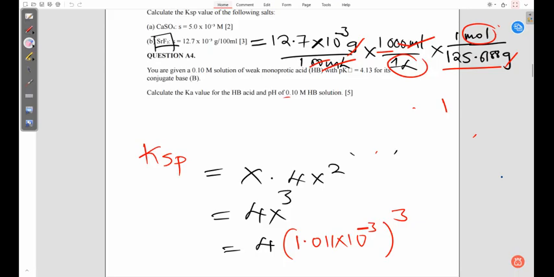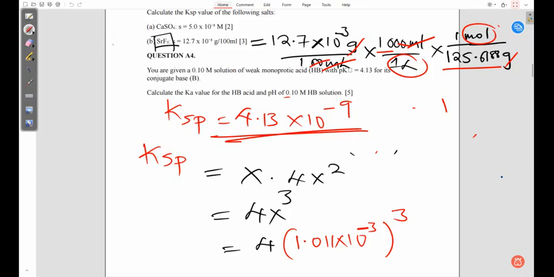Okay, so the value of the Ksp, what I'm getting is 4.13 times 10 to the power negative 9. So that's for question 3 in full.